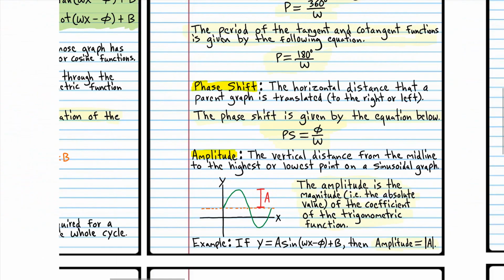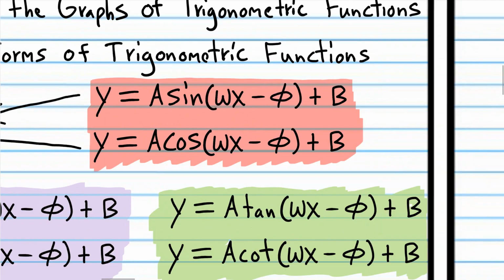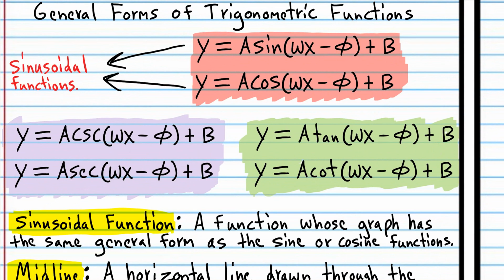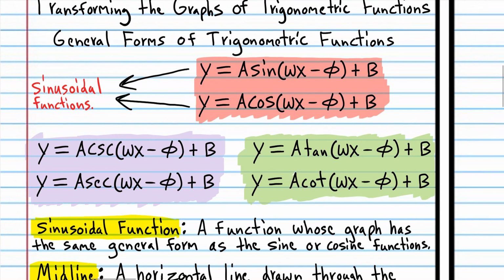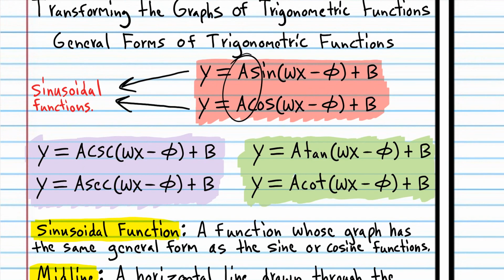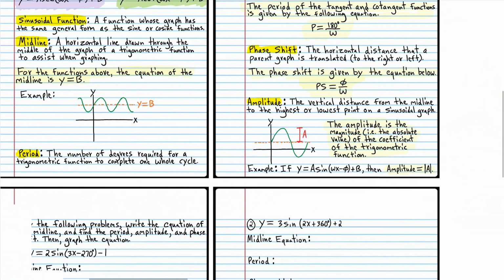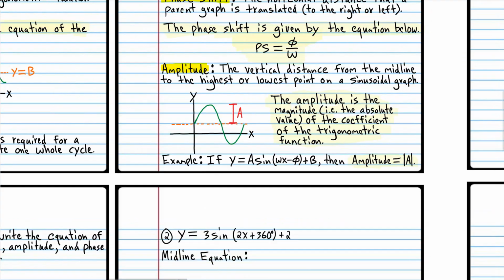And the amplitude just happens to be this number here. Now, these other equations, they have an a value, but that's really not defined to be amplitude. Amplitude is only defined for the sinusoidal equations and their graphs. I know that's kind of confusing.